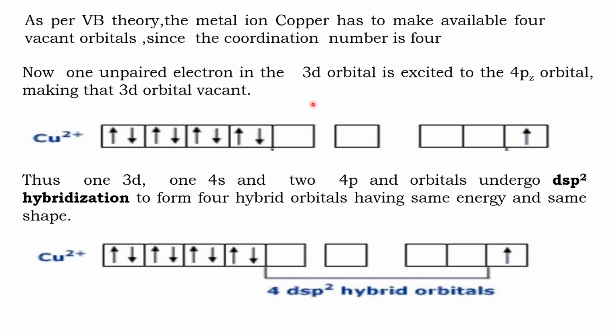They have different shape and energy, and they undergo hybridization to form dsp2 hybrid orbitals. The dsp2 hybrid orbitals have the same energy and shape.